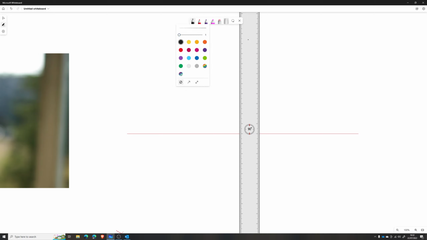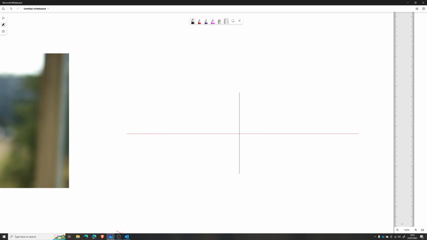Nice thin lens. Okay. Let's put in a focal point here.